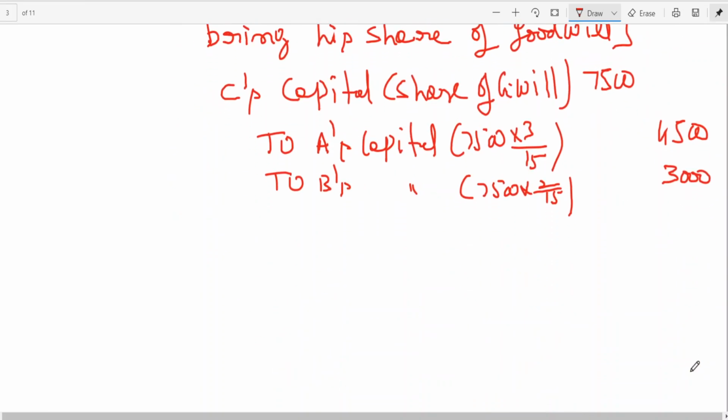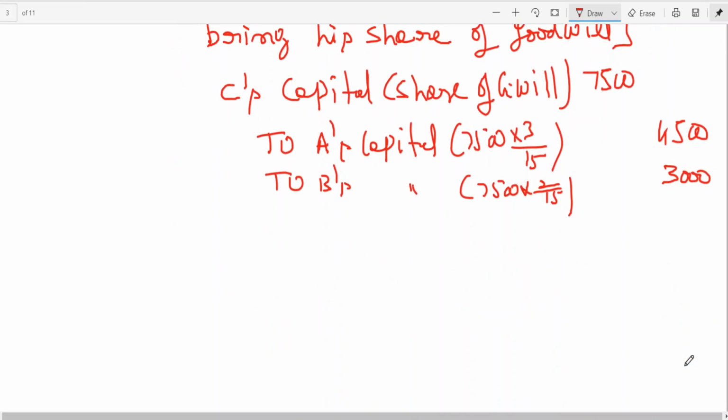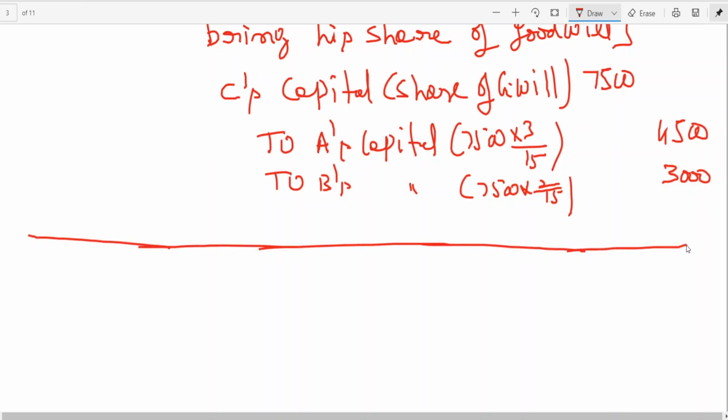$3,000. I think this is the entry also I have given because it will be useful for you. I think these two working notes I have explained. Now coming back to solution. Solution, they are asking you to open which account? Excuse me.